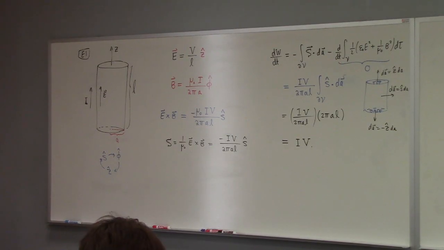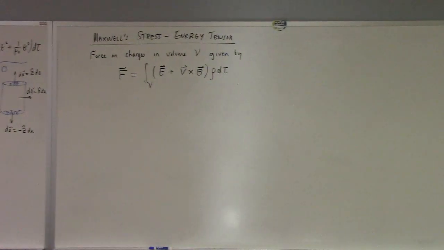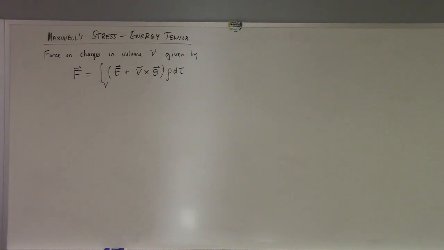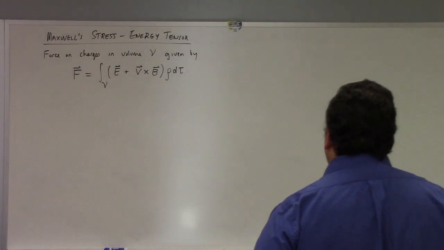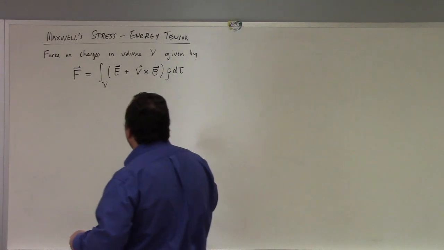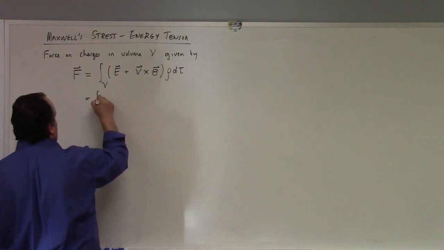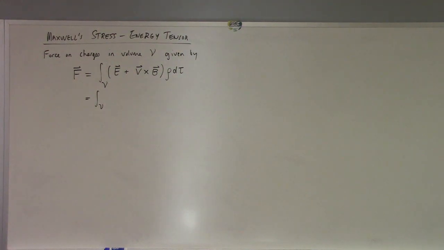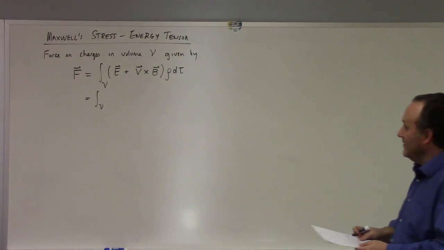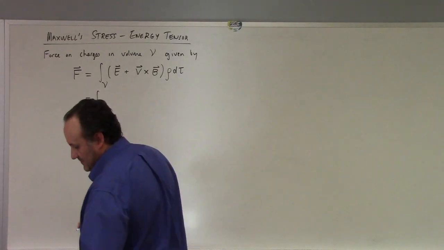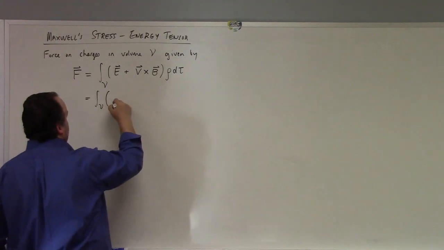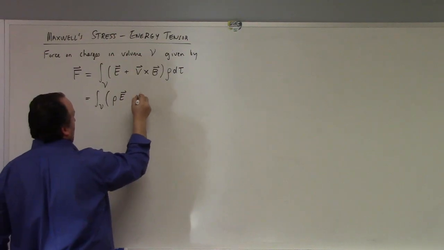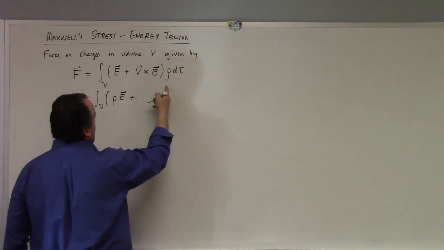So can we repackage that a bit? See if we can repackage this just ever so slightly. All right. So we can say that that's the integral over the volume of rho E. Well, nothing much to say there, right? Just factor the rho out. And then plus, what is rho times the velocity?